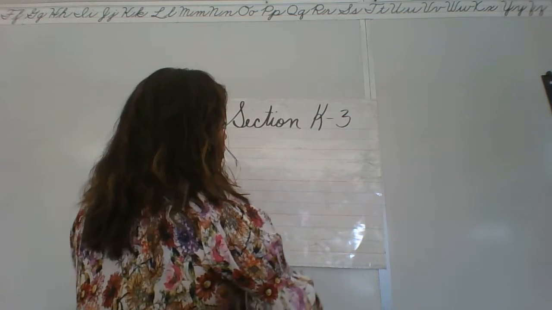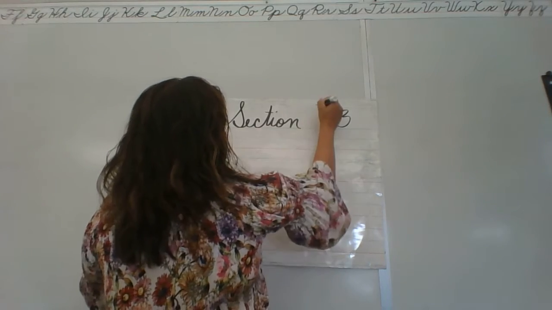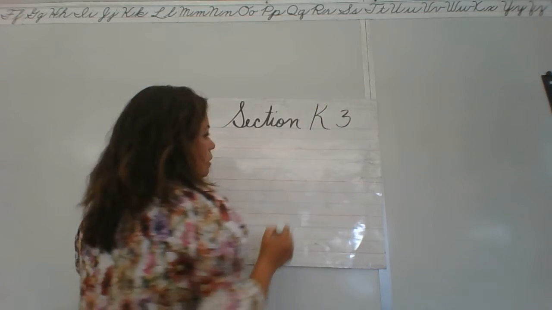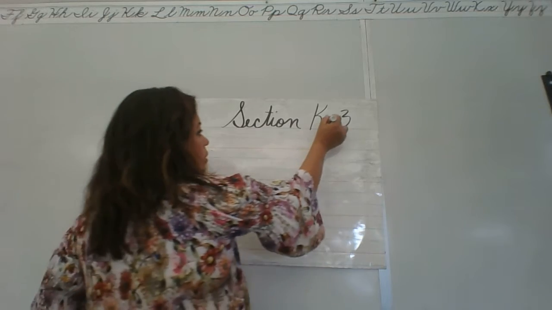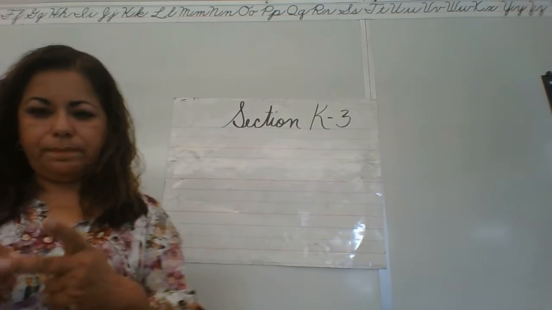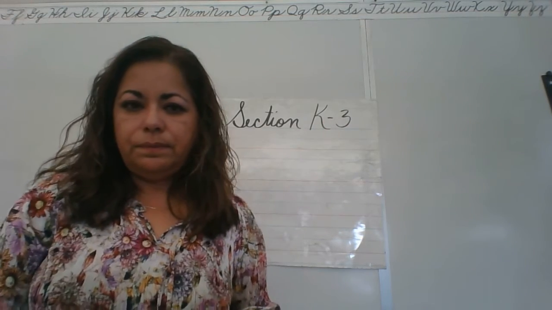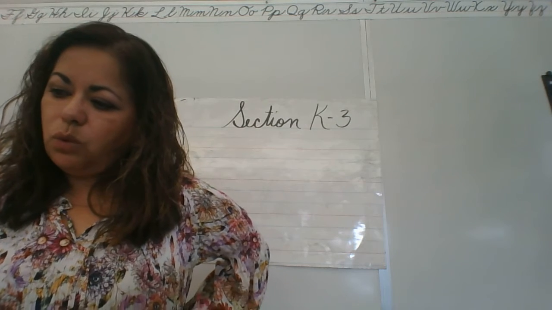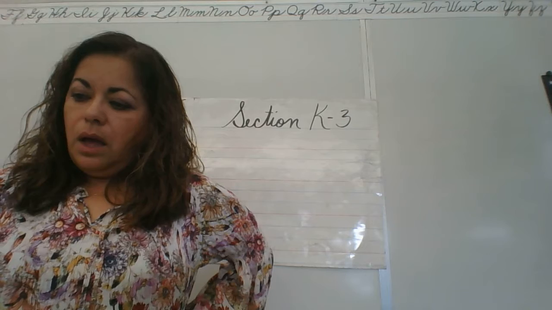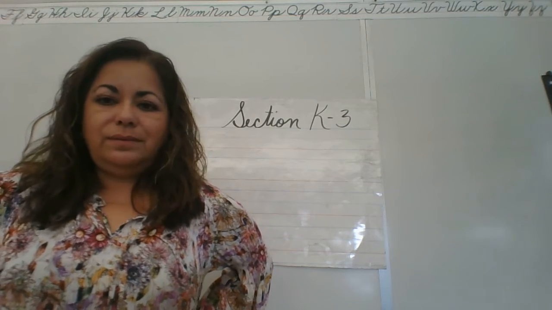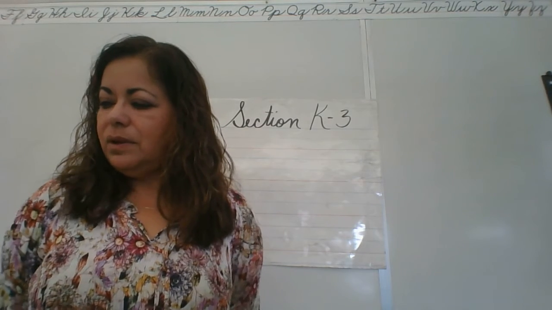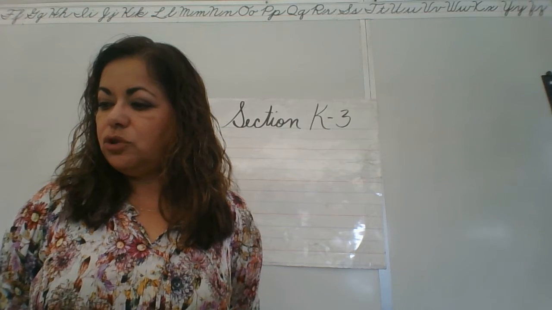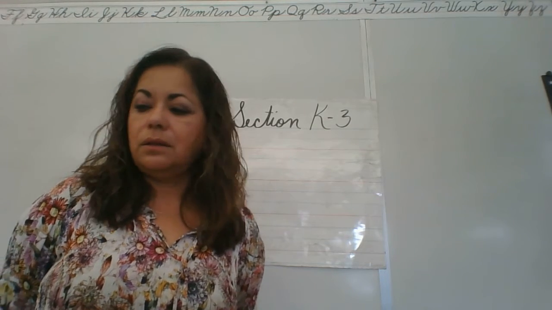Actually, that looks like an H, doesn't it? Let me do that again. K, section K3. Okay. I'm going to give you 5 words. All right. The first word is shall.